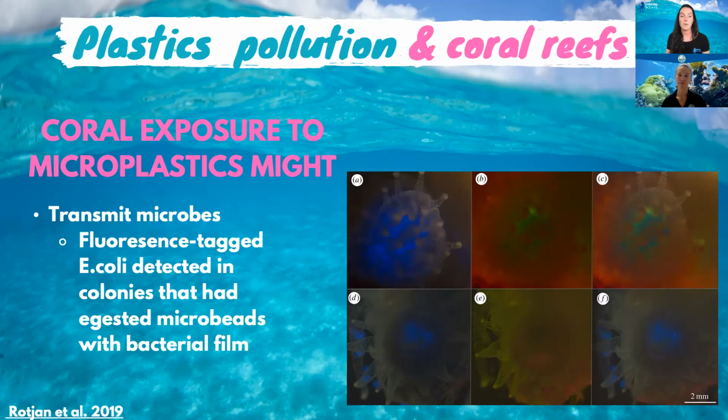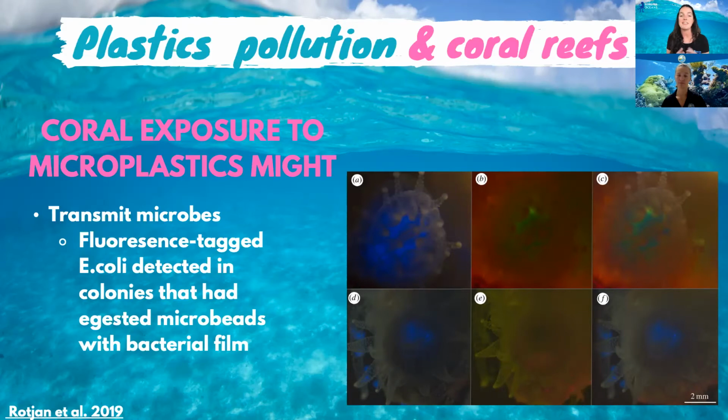The corals ingested them, and while they did find that after 24 hours the corals egested, or spit out, the microplastics, 2 weeks later, when they followed up, the corals still had that green fluorescent tagged E. coli bacteria in their tissue. In this figure, you can see in B and C, that's the coral that was fed that green fluorescent protein tagged biofilm microplastic, and you can see it's still there.